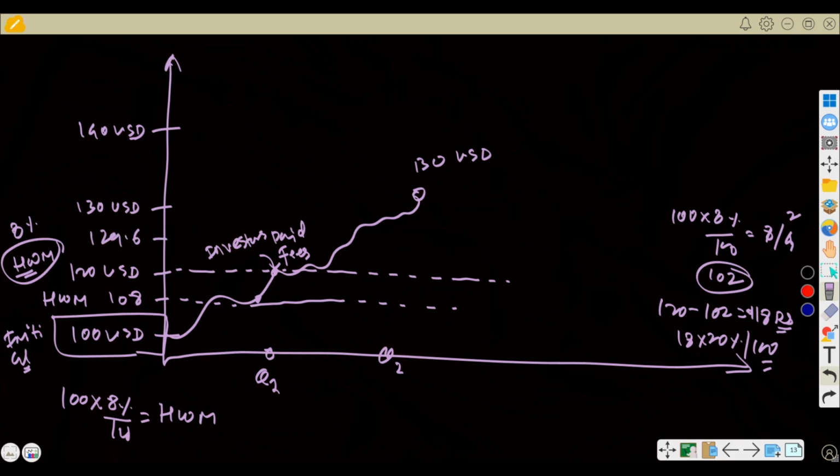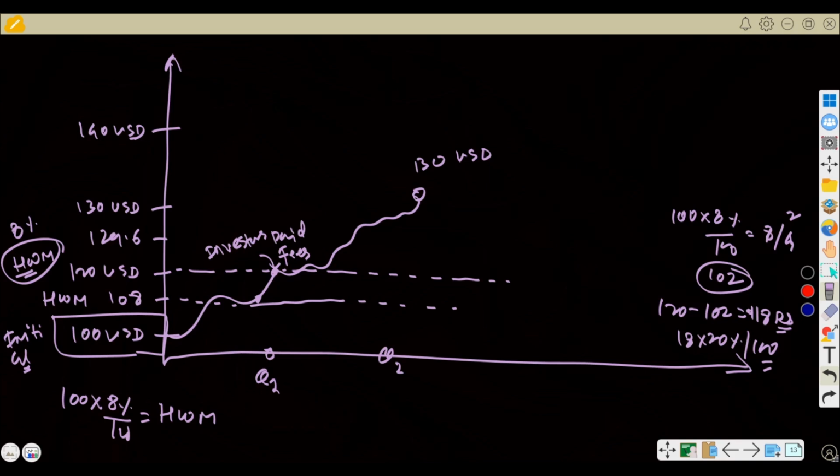Here your high watermark reached this. But here the fund again performs up to 130. So incentive fees will be generated on the difference amount, 130 minus 120, right? Or rather, just calculate your high water mark, not 129. This 9.6 is your annual high water mark.